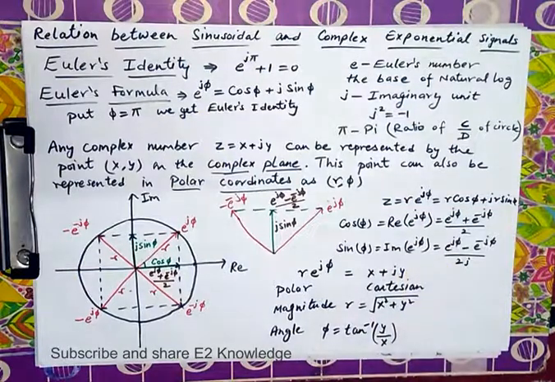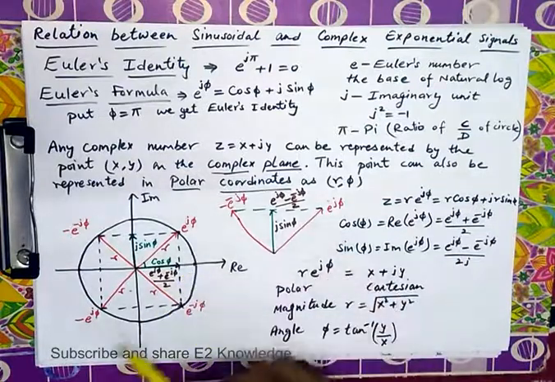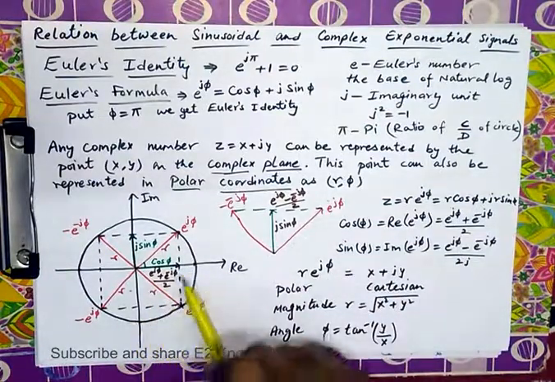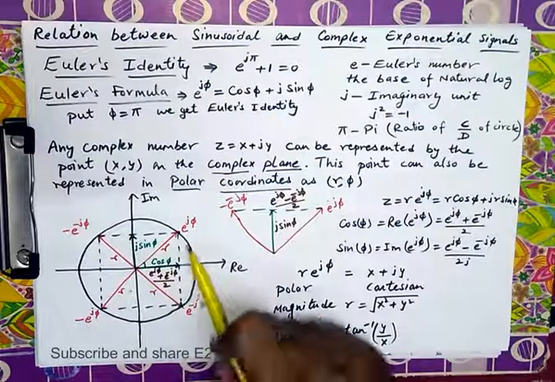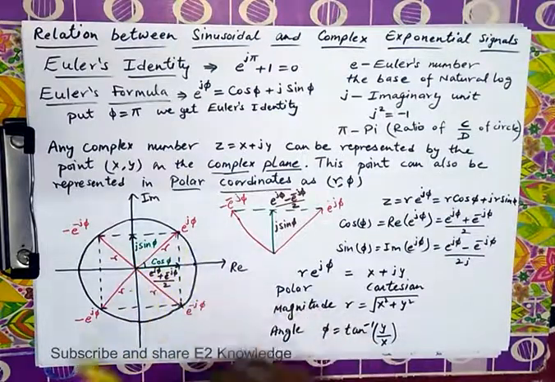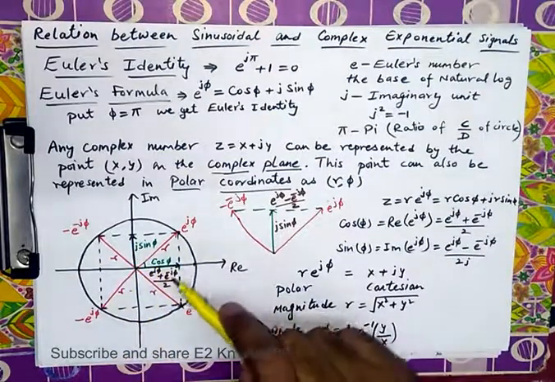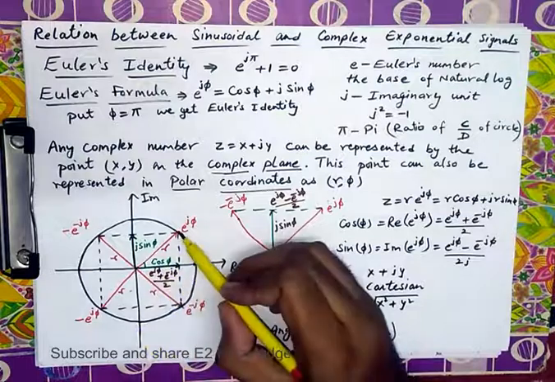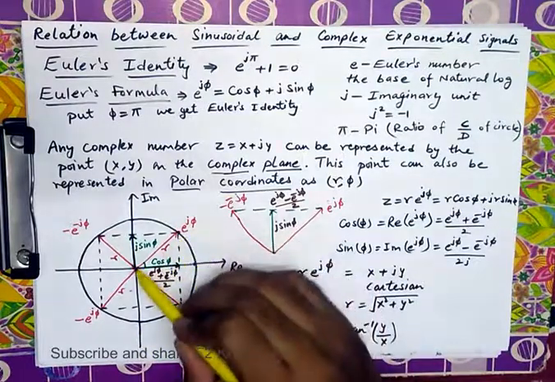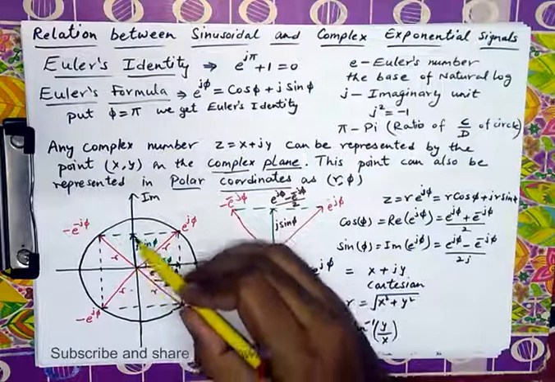Using this planar graph, we can see that both planes are there. This is the Cartesian coordinate and this is the polar coordinate with radius r. Now you can find that e raised to the power j phi breaks into two parts, cos phi plus j sin phi.